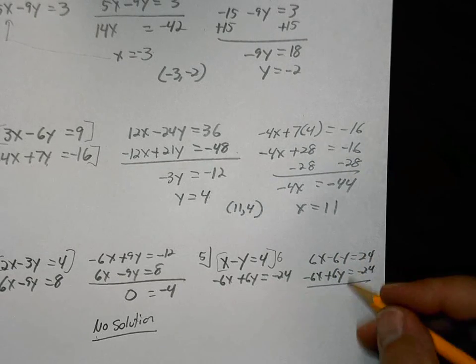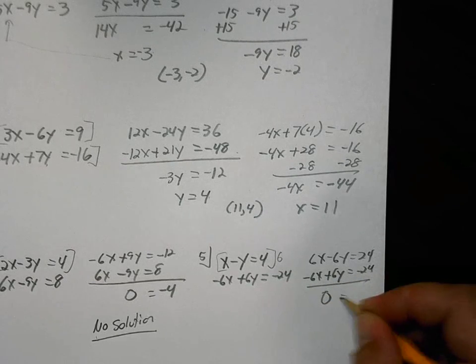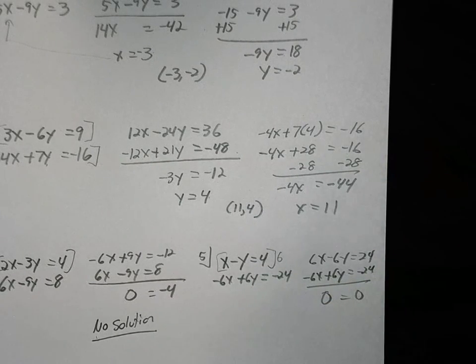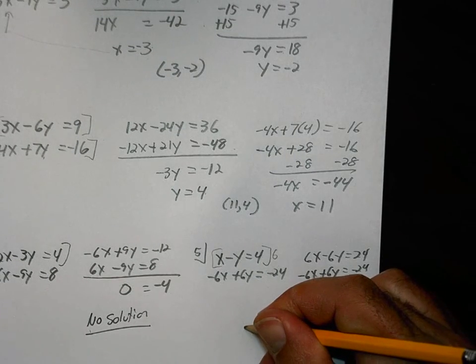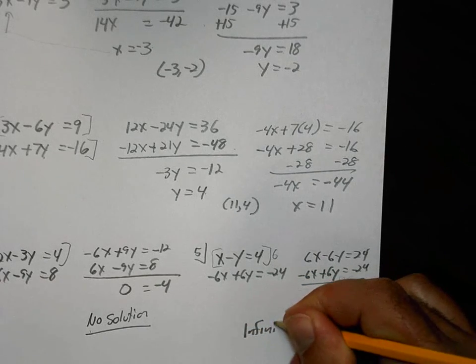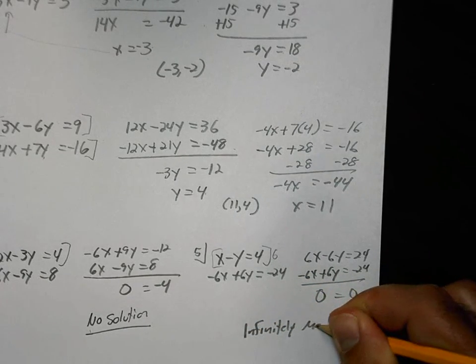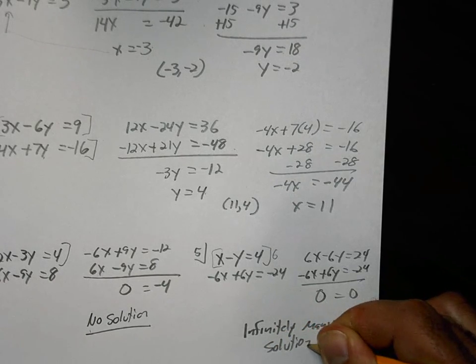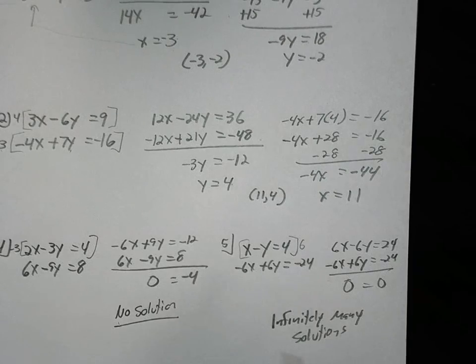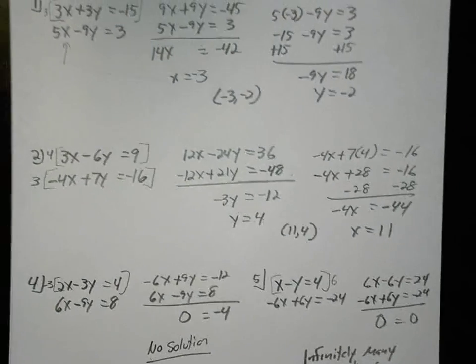If I add those together, not only are the variables gone, but it equals 0. 0 equals 0 would indicate that these are the same lines, so we have infinitely many solutions. So those are two special cases that we might run into.